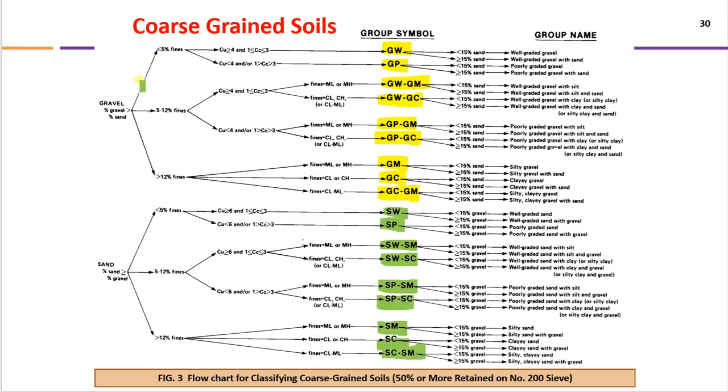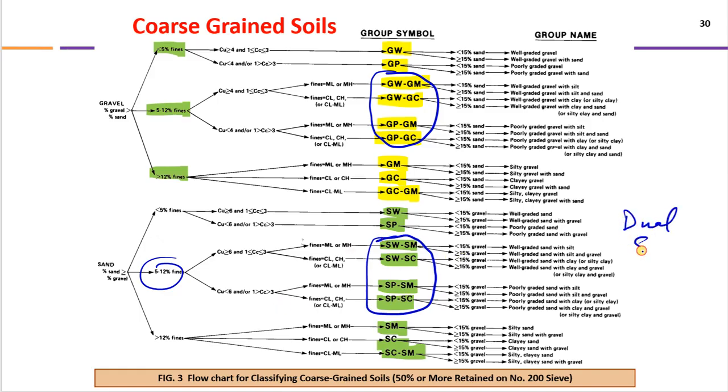They depend on the fines. The first dividing line is whether the fines are less than 5%, between 5 and 12, or more than 12. When it is between 5 and 12, we have the dual classification, the dual symbols.